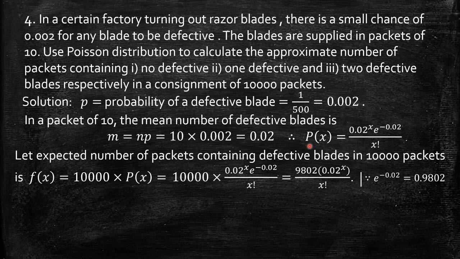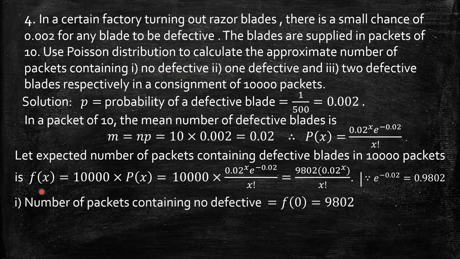So multiply p of x by 10,000. Denote it as f of x. So f of x means 10,000 into p of x. That is the number of packets containing x defective blades in 10,000 packets. Which simplifies to, since e power minus 0.02 is 0.9802, multiply with 10,000, that gives 9,802 times 0.02 power x by x factorial.